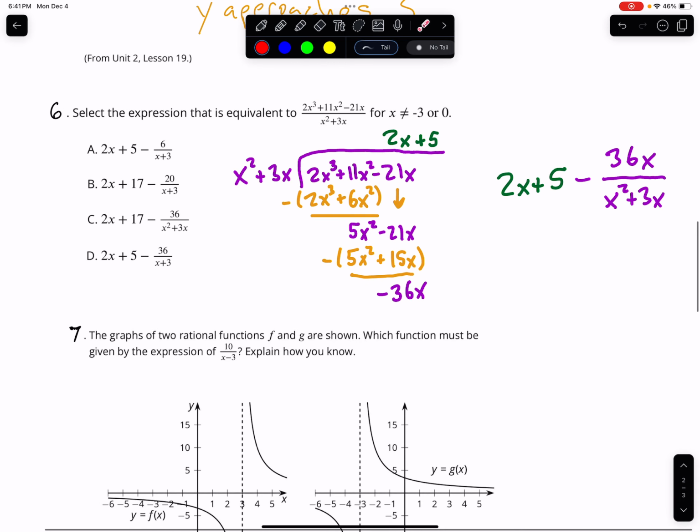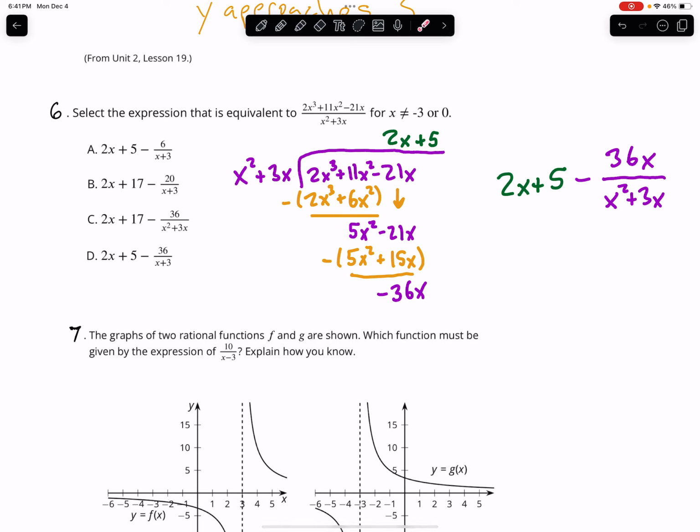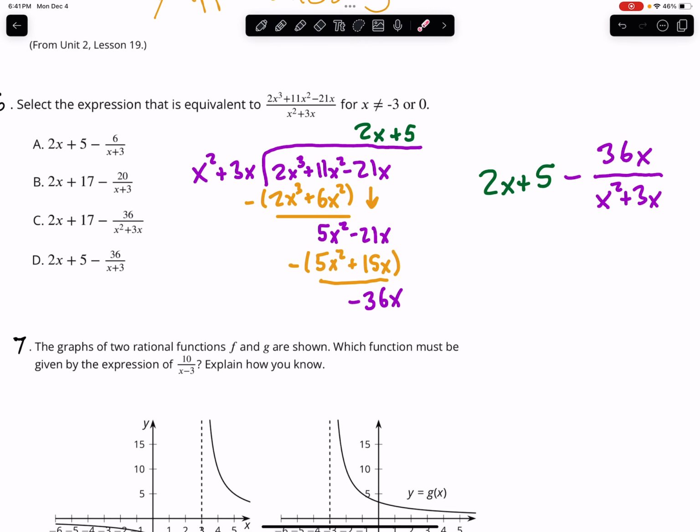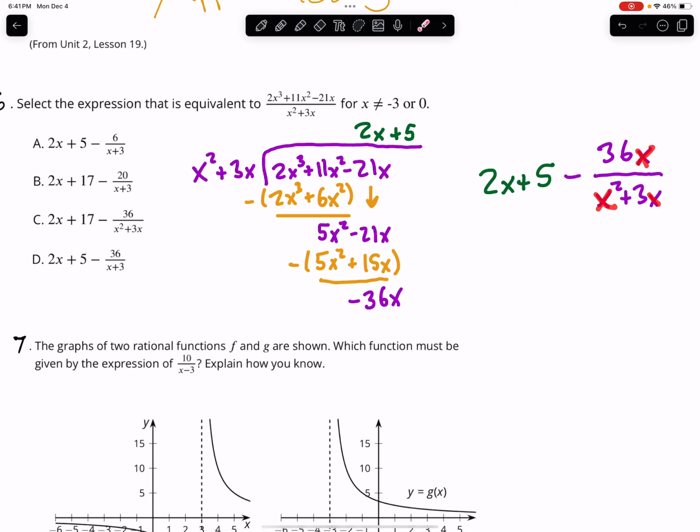Now, I got one little problem here, right? We got 2x plus 5 up here, 6 over x plus 3. And then we got 2x plus 5, 36 over x plus 3. It doesn't quite look like, this looks pretty close to this, but it's not exactly. Is there something we could do to simplify this a little bit? Look, I've got this common factor of x here, and x there.